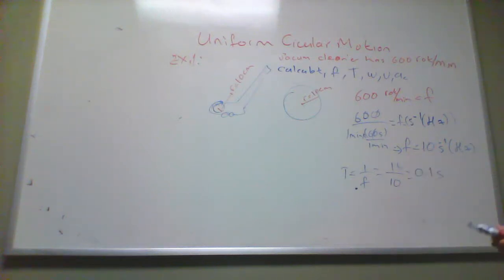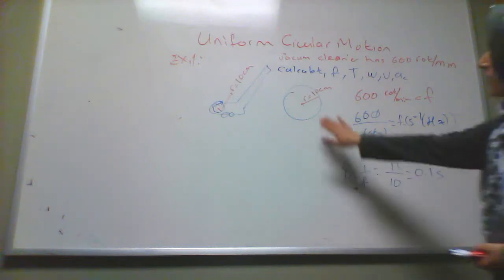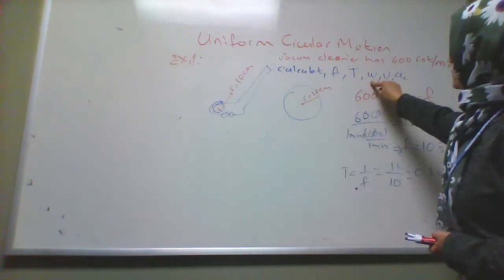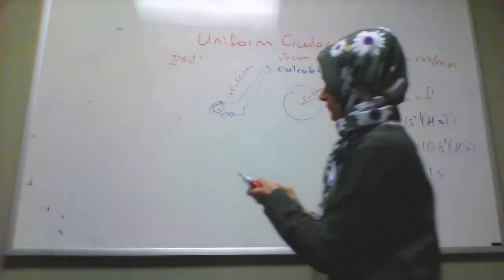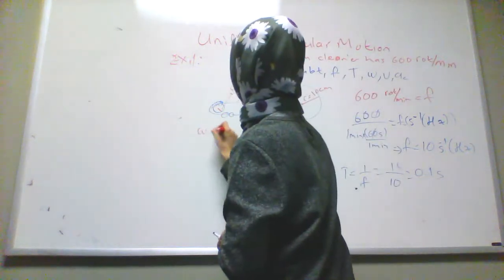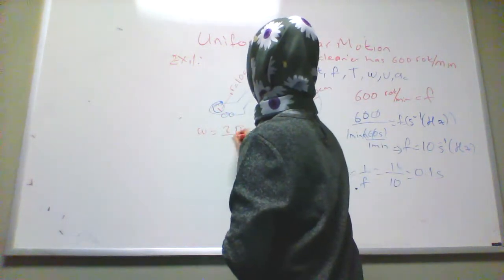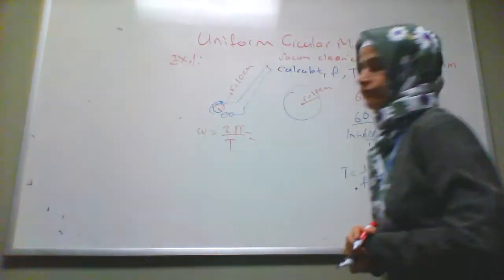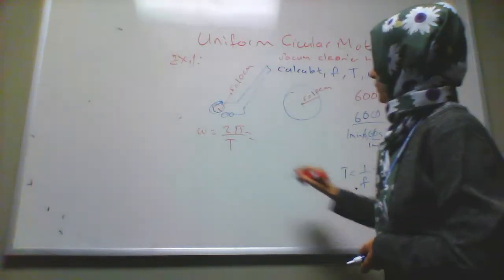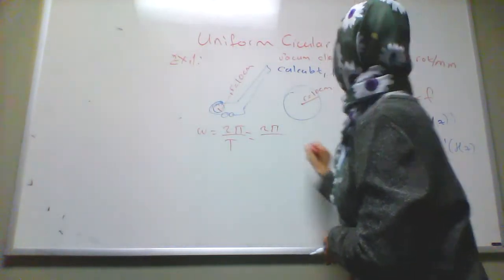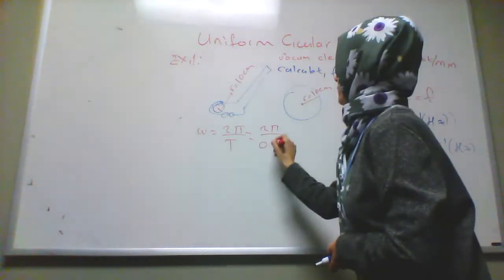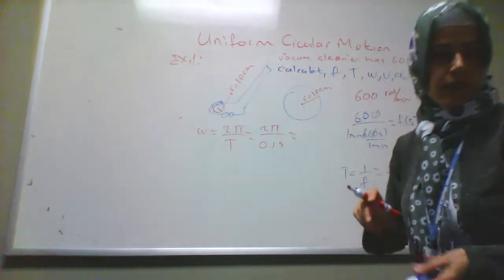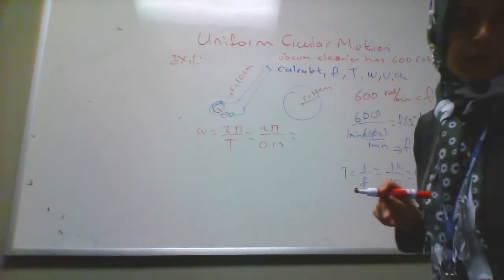So I know F and I know T. Let's go to omega. Omega is equal to 2 pi over T, so 2 pi divided by 0.1 second.